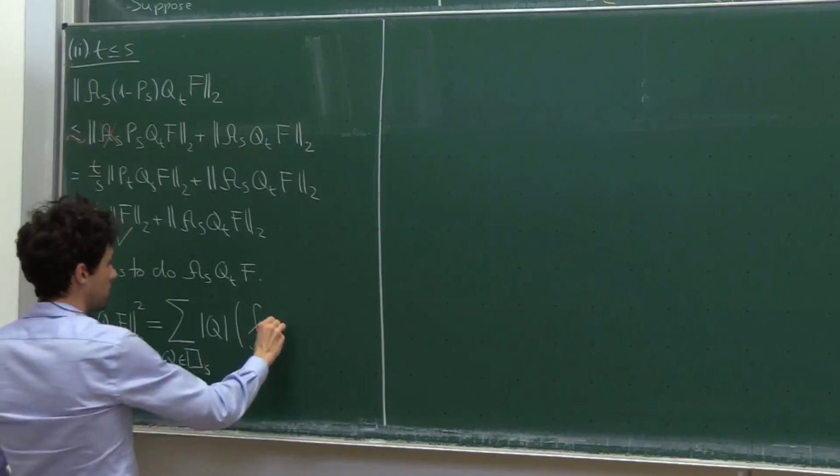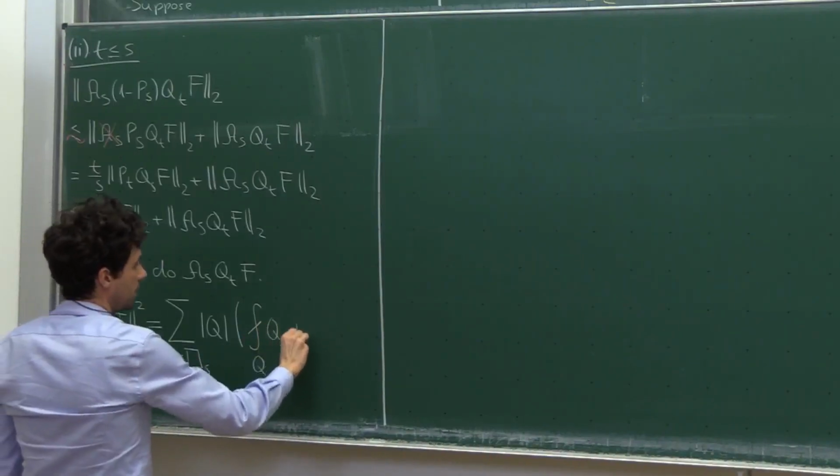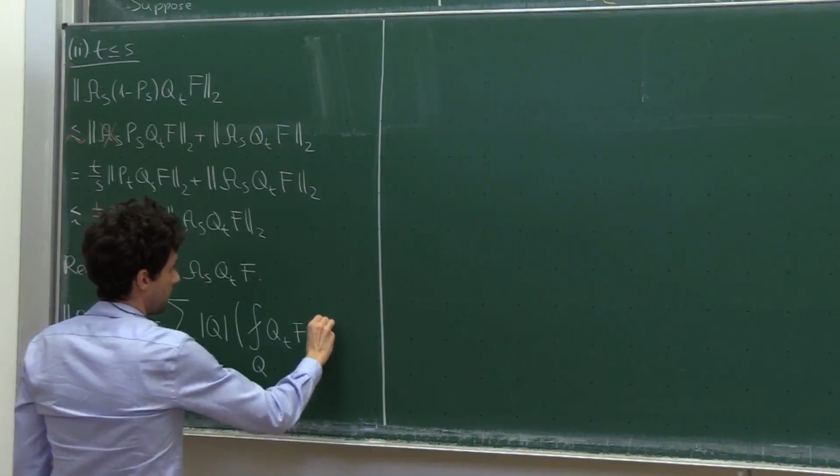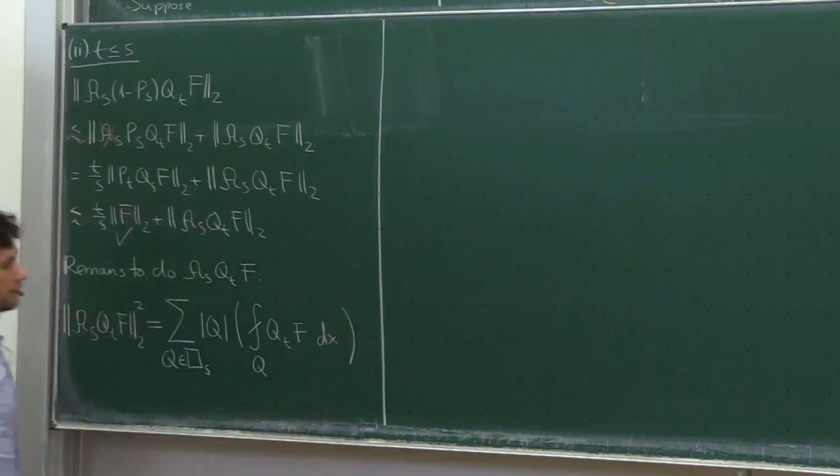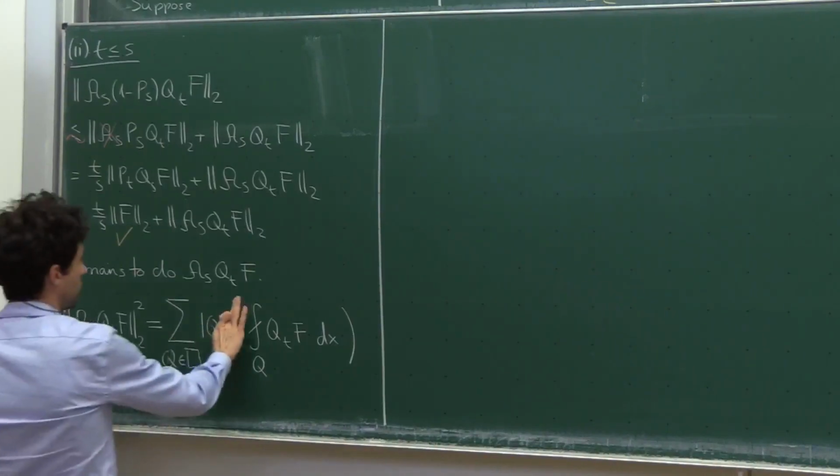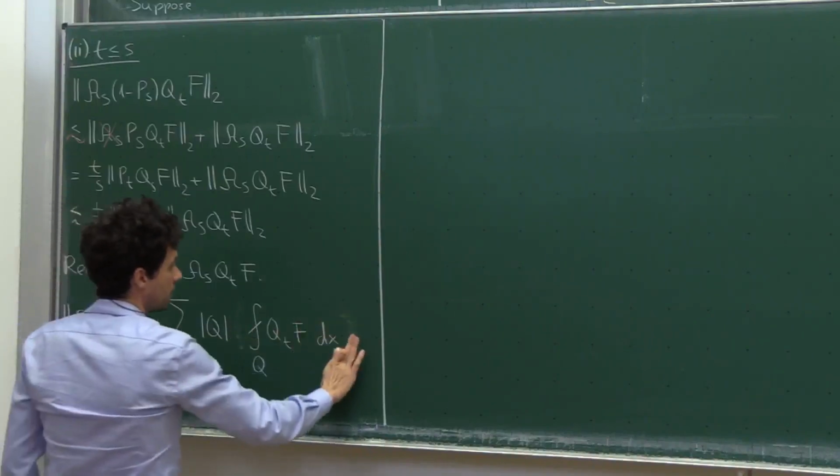So Q_t f dx. This is the definition of the integral at this point. And it should be squared, of course, because it's an L2 norm.